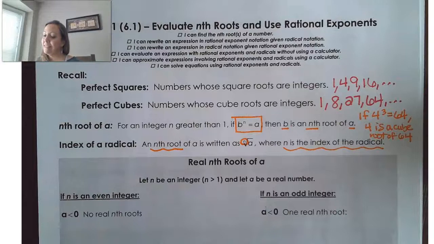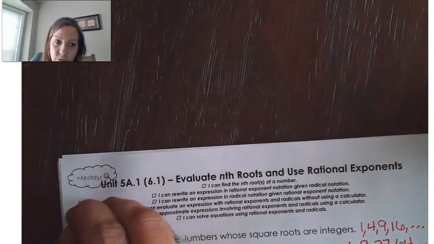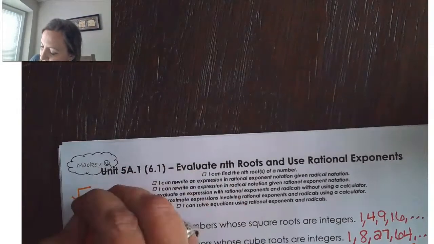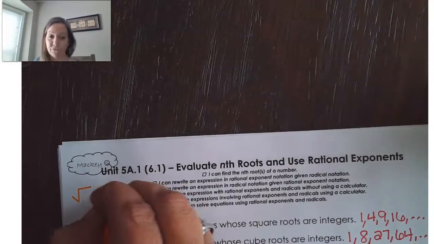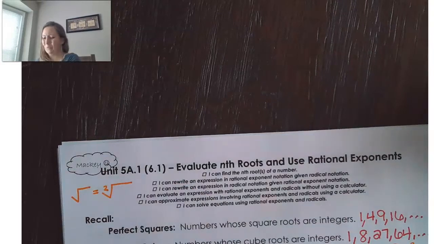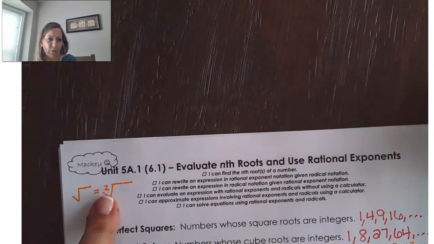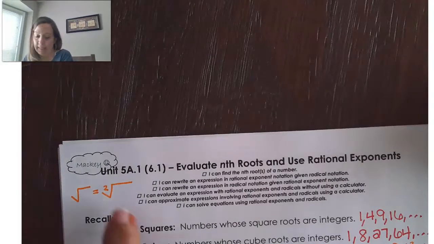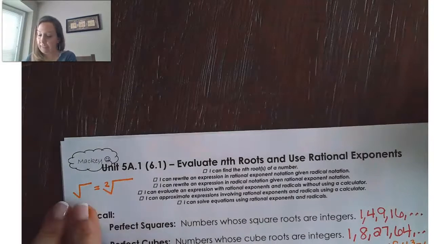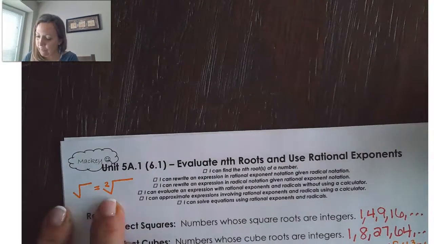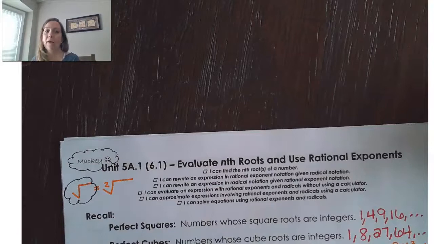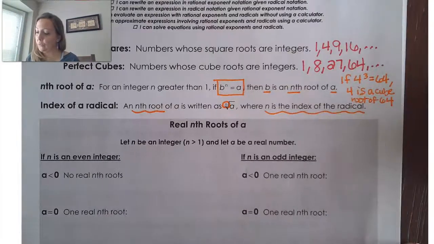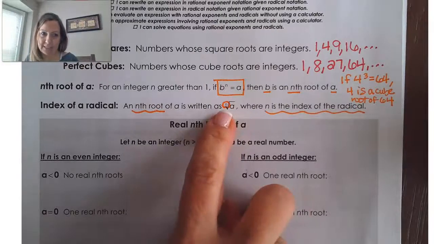Okay, when we see a square root on its own, that's the same as having an index of 2, but usually we don't write that because the square root is so popular. So we won't write this, but the square root is really equal to this. This is really what we're going to use for square roots. But when we have something other than a square root, we're going to put that as what's called the index.